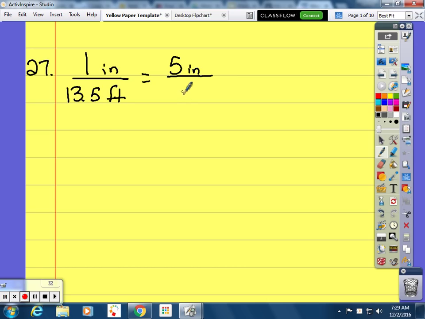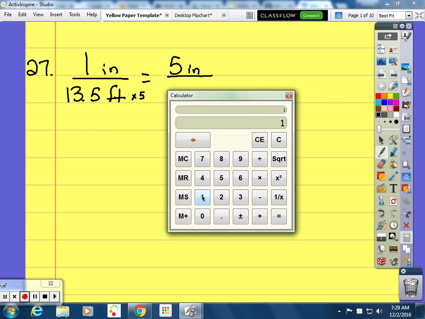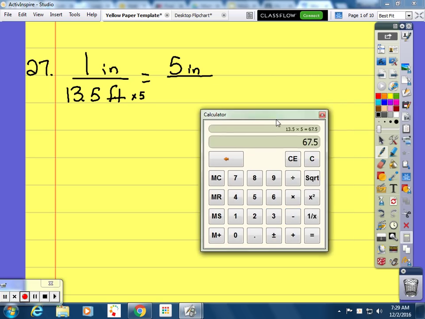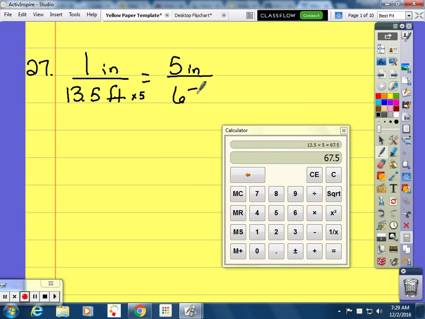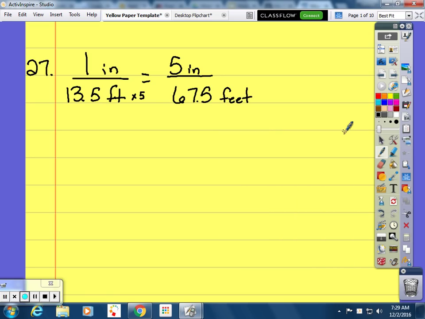And this is one of these pretty problems where I know that it increased 5 times. So all I have to do is 13.5 times 5, and I get 67.5, and this is in feet, so I have to put feet after it. So 67.5 feet.